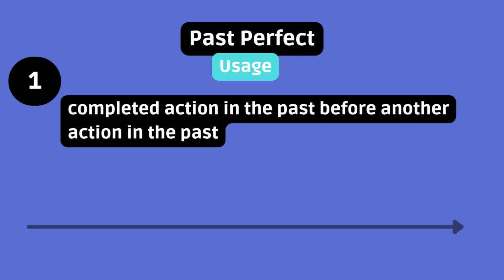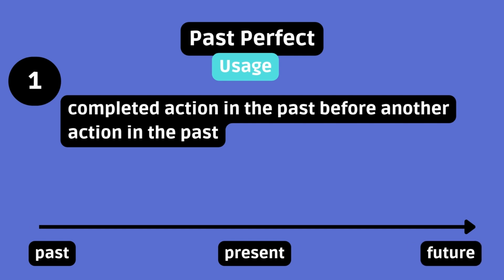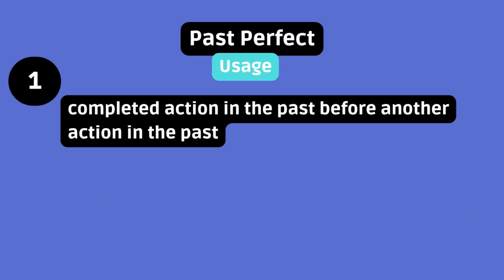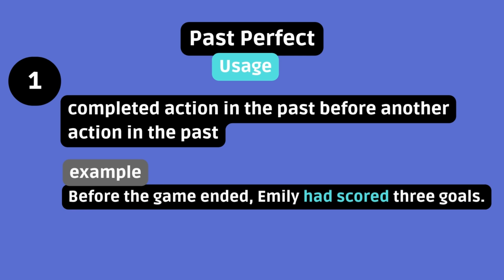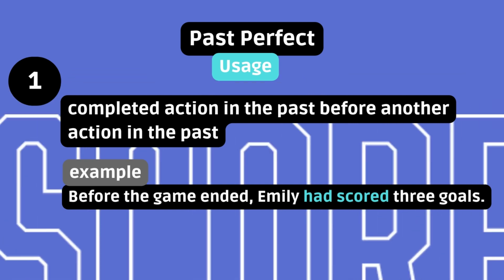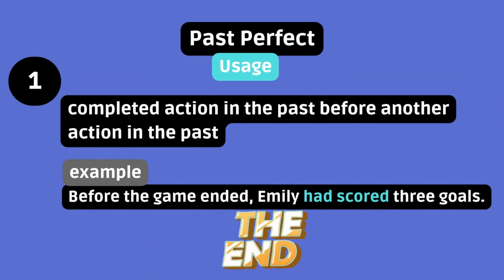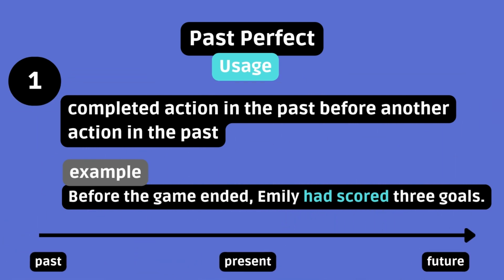By using the past perfect, you are sequencing past actions, providing order and coherence to your ideas. Example: before the game ended, Emily had scored 3 goals. Obviously, Emily had to score her goals before the end of the game, and the past perfect clearly establishes this by placing the scoring before the ending of the game.